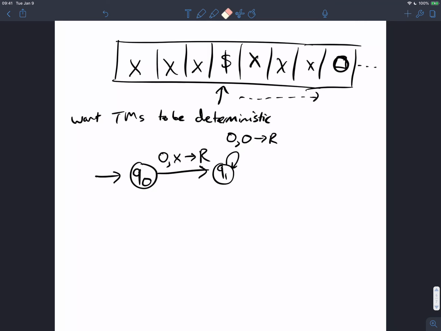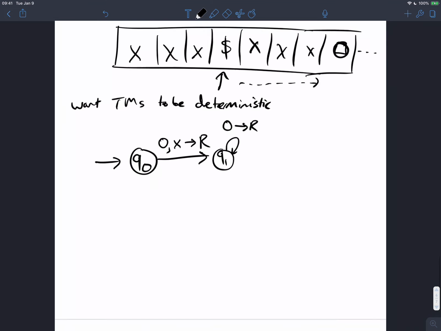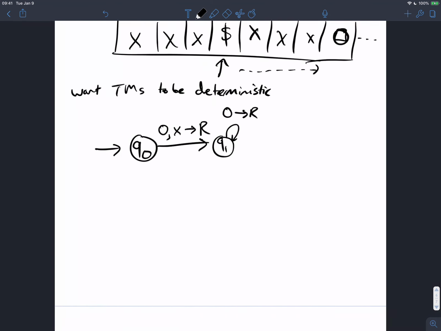But there's a nice shorthand because this sort of thing going across the tape happens all the time. So the way we're going to write that is 0, arrow right, to mean we're not going to change the contents of that cell on the tape. So if we see a 0, just zoom past it. And then which thing am I going to hit? $, which means I must transition to a different state.